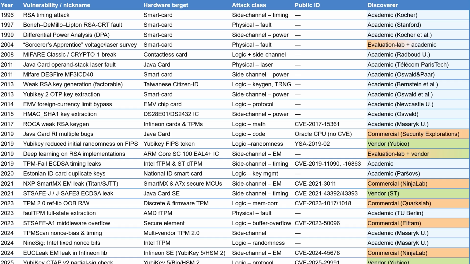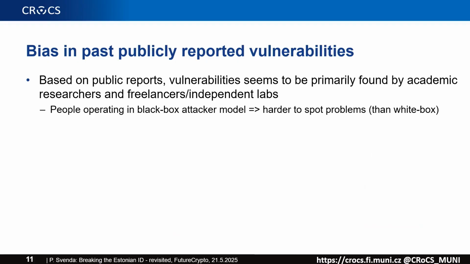By independent, I mean they are not signing an NDA with the vendor, because then they can't publish. So external laboratories, and then the green ones are the vendors themselves. So it seems that there is some trend towards external laboratories and vendors publishing the vulnerabilities, but still academia is responsible for a large part.